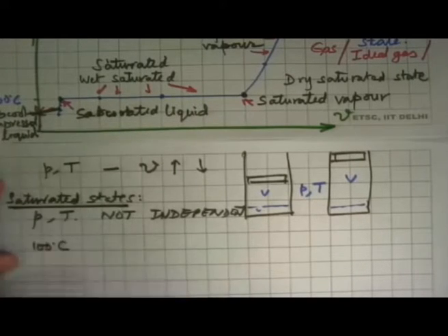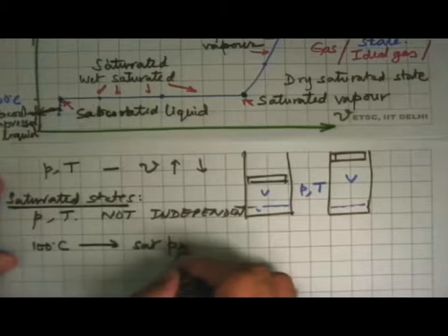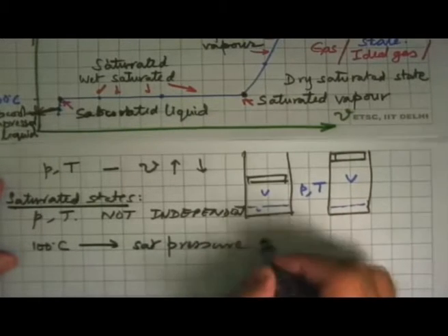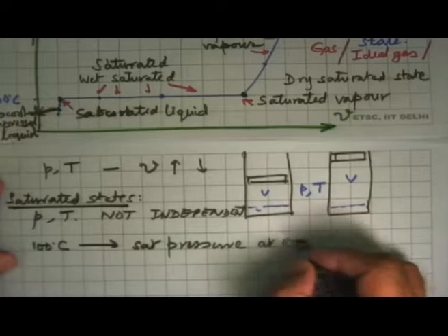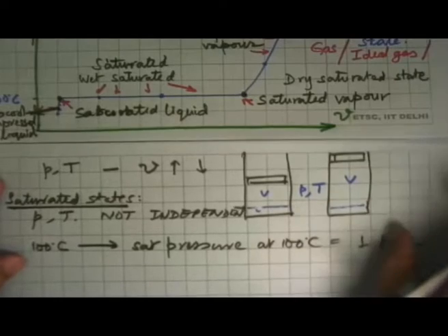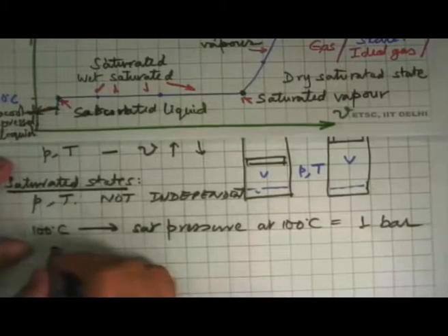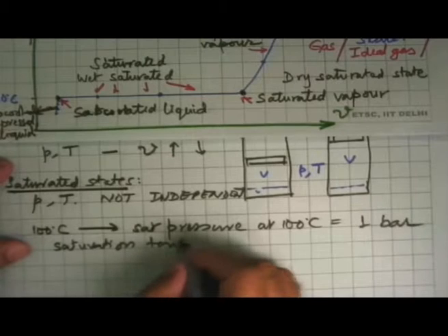Then we can look up data that is already there and say, look, the saturation pressure at 100 degrees C is 1 bar. So we are introducing a new concept that in a saturated state, the pressure and temperature are known as the saturation pressure and saturation temperature.